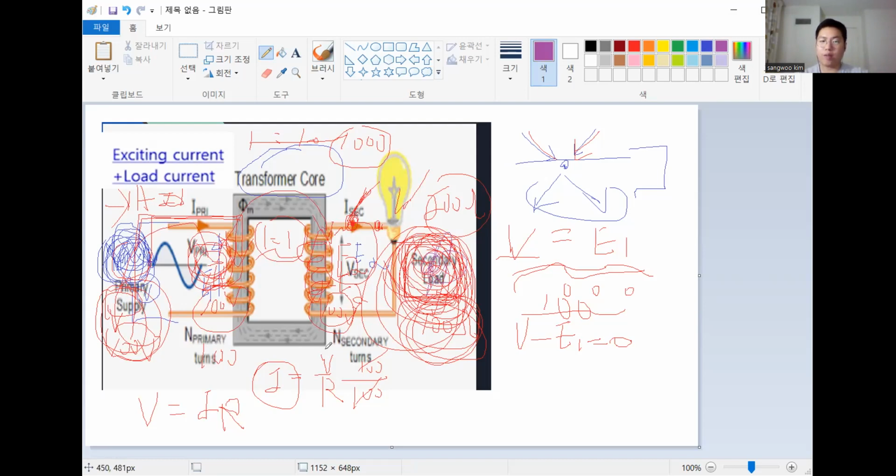Look at that. So what I mean is now we have a constant supply, so the load has to go up and down. And in this system, we will see the current. So in the voltage system, we will check the current.